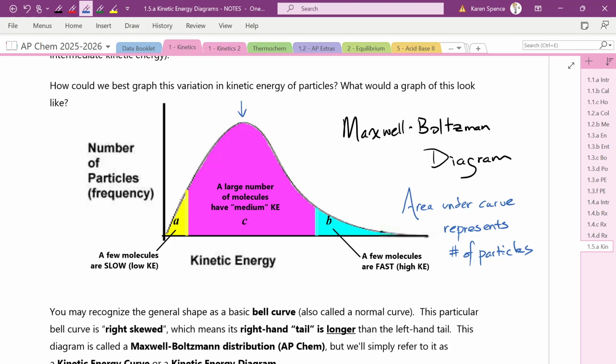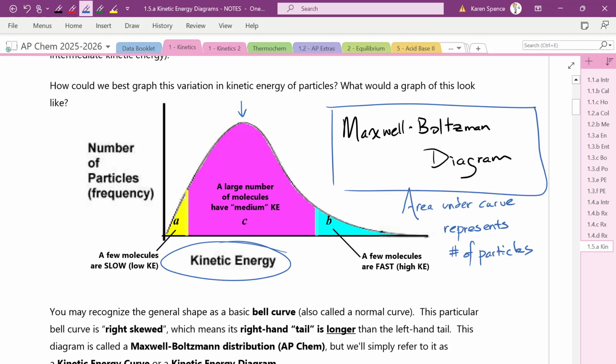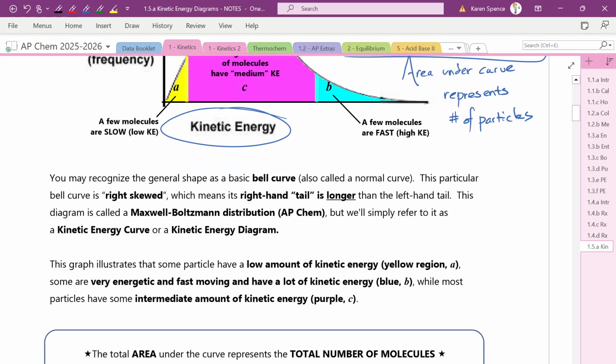However, this is a right-skewed bell curve. That means the right-hand tail is longer than the left-hand tail. For the purposes of Chemistry 12, we will refer to this as a kinetic energy diagram. If you're looking at AP, you're going to call it a Maxwell-Boltzmann diagram, okay?